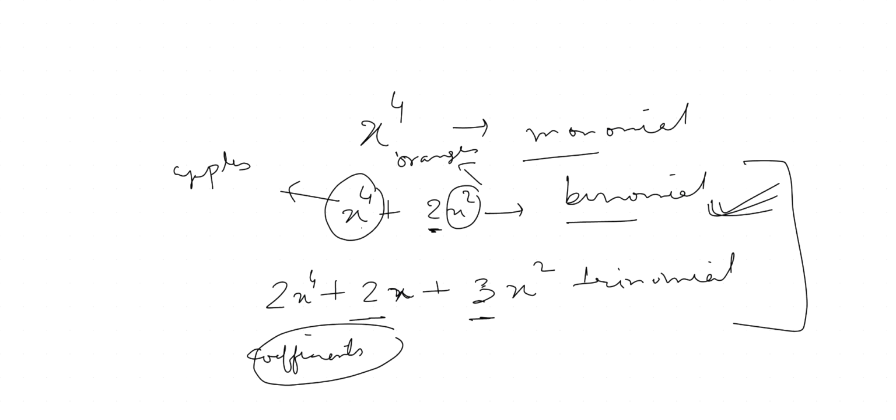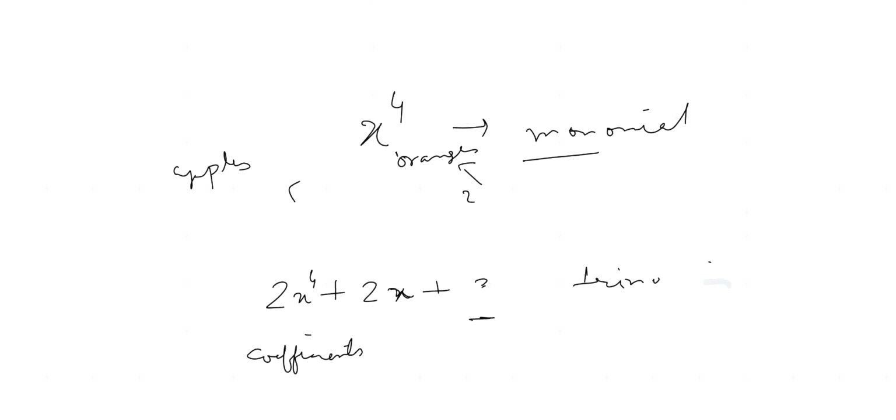Now, this tells me that any expression where you have two or more terms can be called a polynomial. Now, you remember if I write something like x squared plus 2x plus 4, this is also written as x plus 2 whole square.